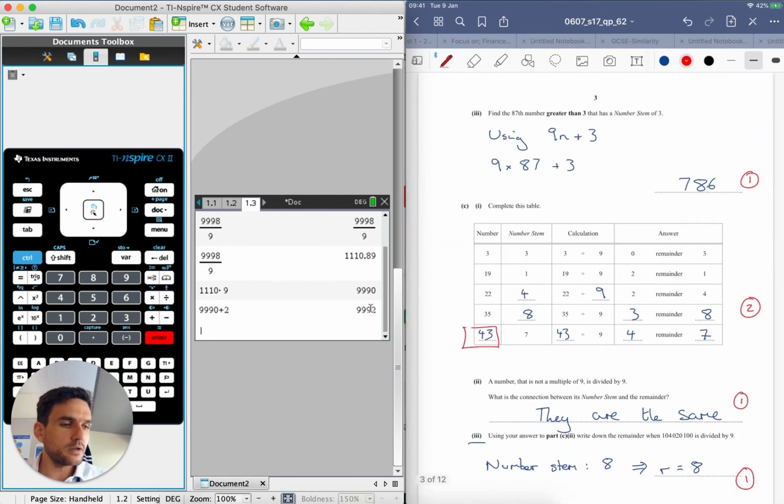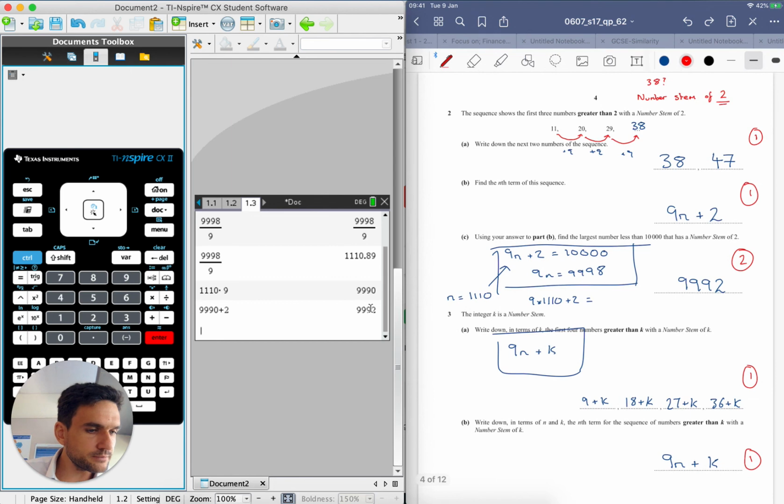The opportunities we're given for communication marks: 1B part 3, and that is writing out this calculation. That would get you an extra mark. That's your C opportunity. 2 part B is the next one, and although it should be down here, it's showing that we add 9 each time. So that's your next communication opportunity. And you only need to get one of these.